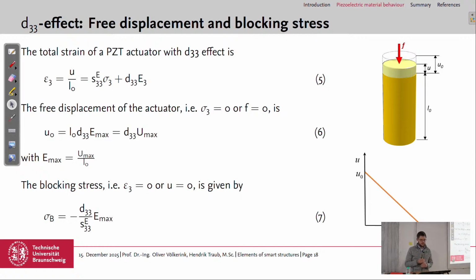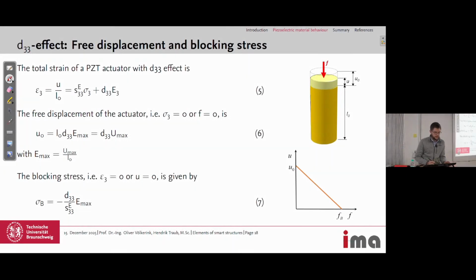So now we are coming back to your question about the blocking force. We can use this equation for the small signal behavior to look at free displacement and blocking stress or blocking force. We have the strain in 3 direction, which can also be expressed as the displacement u divided by the initial length L0 of the actuator. And we look at the D33 effect.